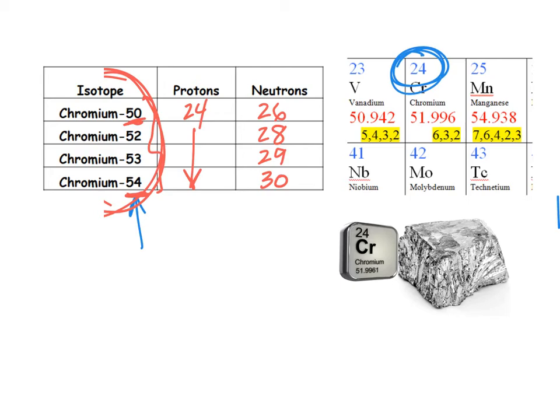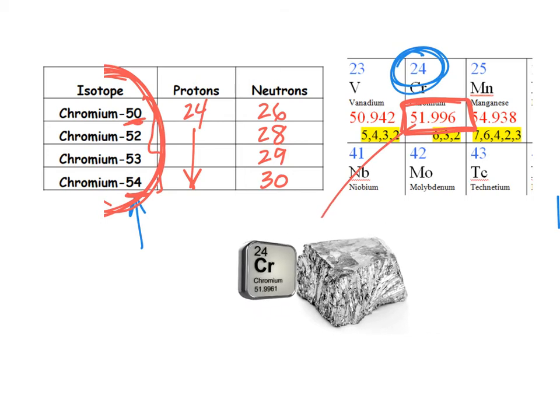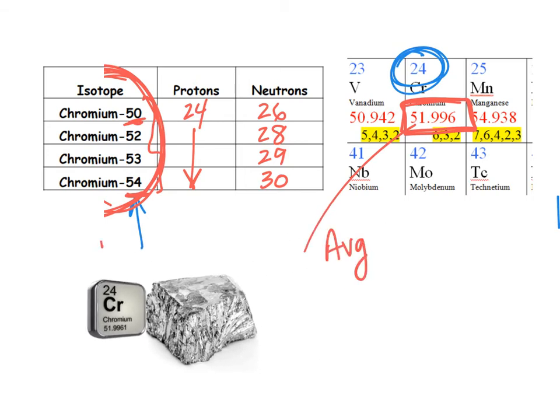And in fact, we could figure out what the most common isotope of these is by looking at the atomic mass. Because the atomic mass or the atomic weight is an average of all the known isotopes of it. And that average is fairly close to 52. If I rounded it to a whole number, I would get 52.